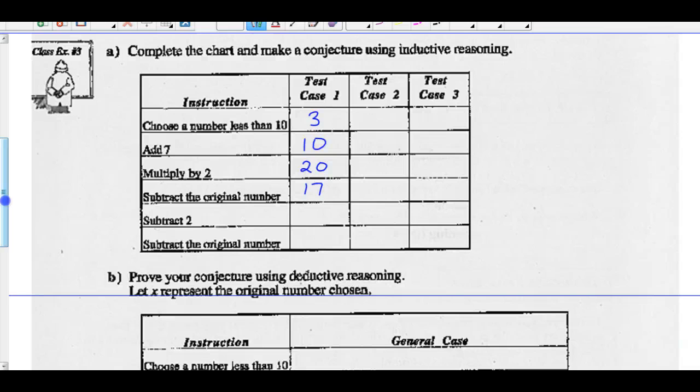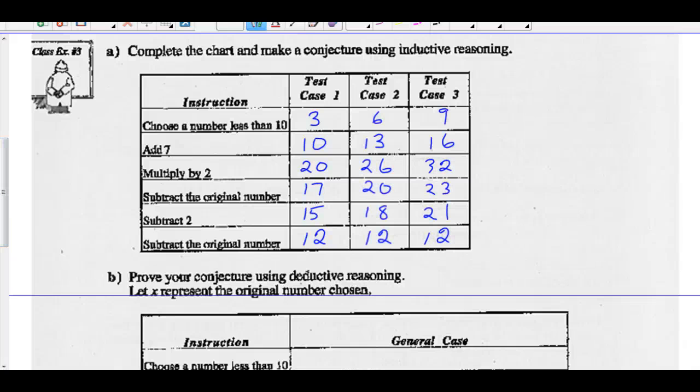Subtract 2 from this. 17 less 2 is 15. And then subtract the original number again. 15 minus 3 is 12. You do a second and third test case with a number less than 10. Pause this and do that, and you can start it up again and see what we all get. My numbers might be the same, might be different.